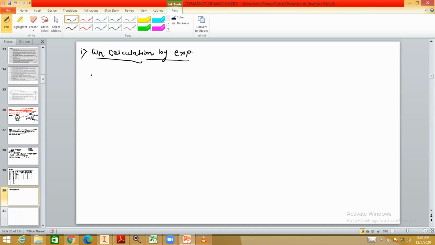The waveform that we have obtained is like this.